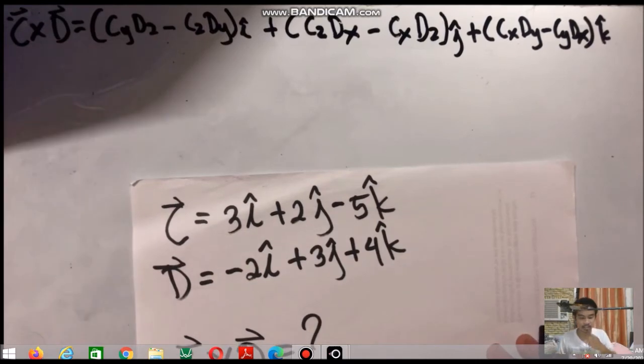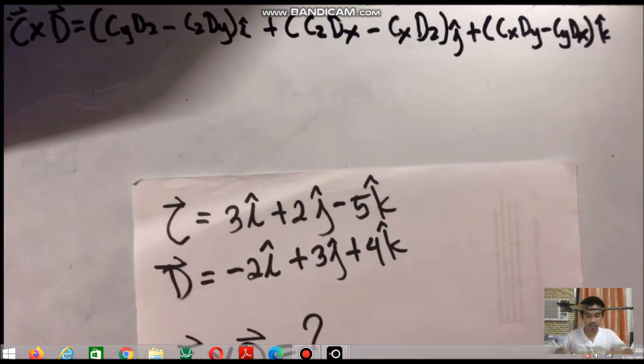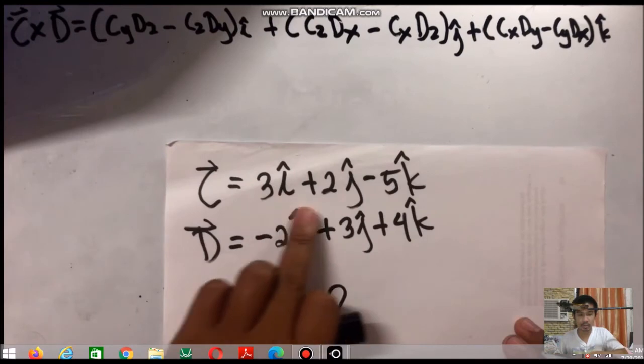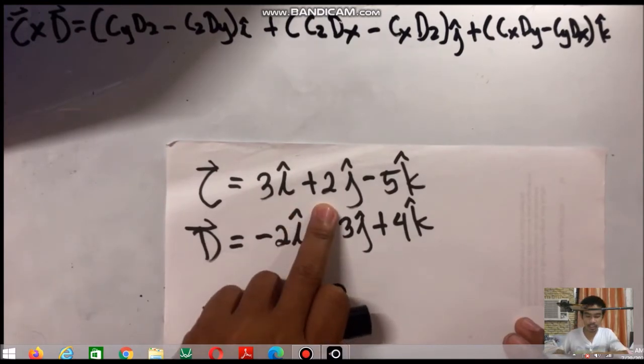So let us start from CY. What is CY? Look at here. The y component of vector C is 2.